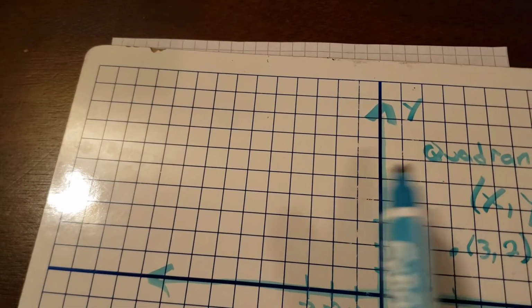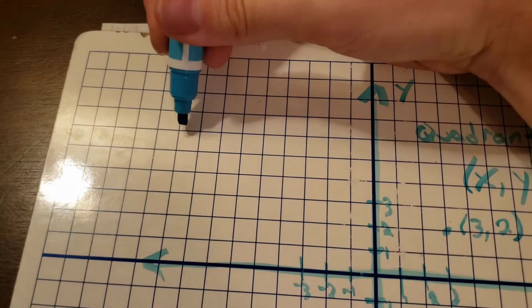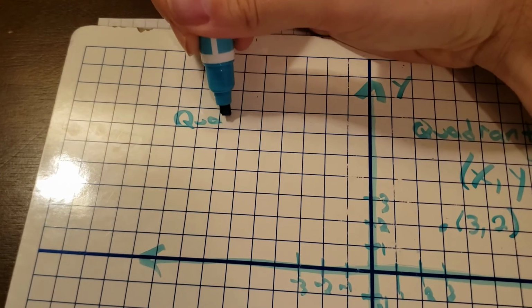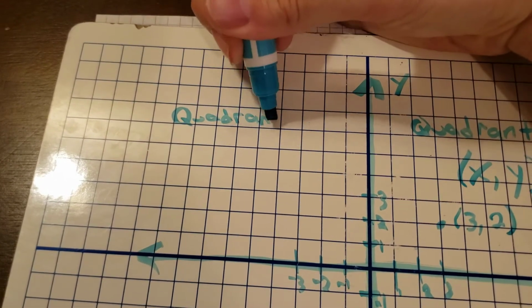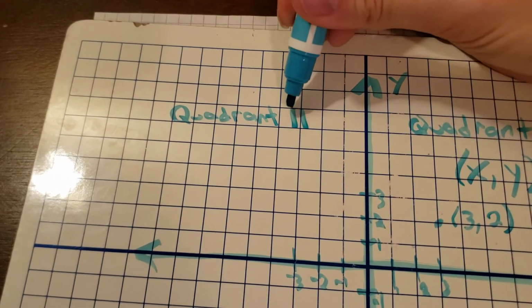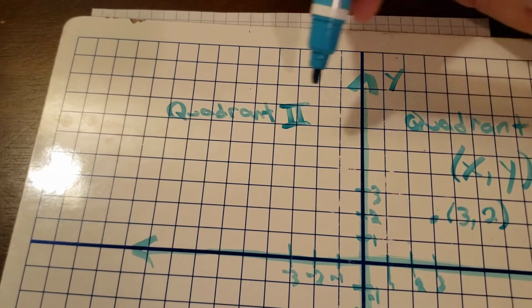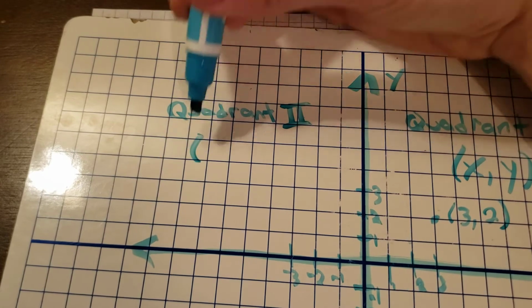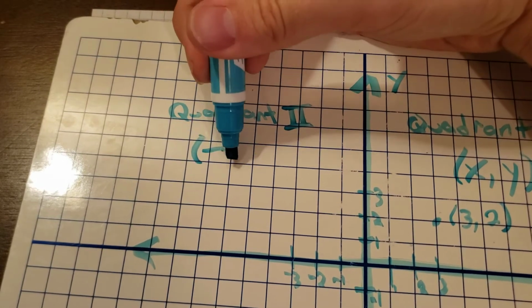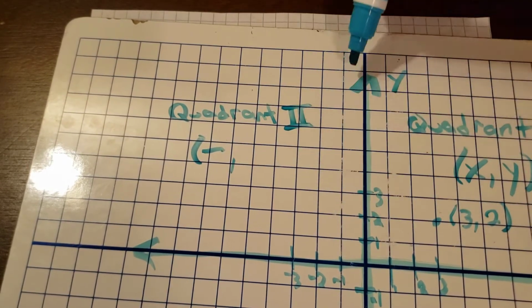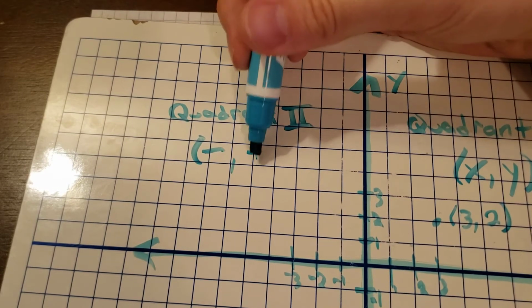Moving to the left, this is quadrant 2. And here are X and Y values. Well, our X values are negative, but our Y values are still positive.